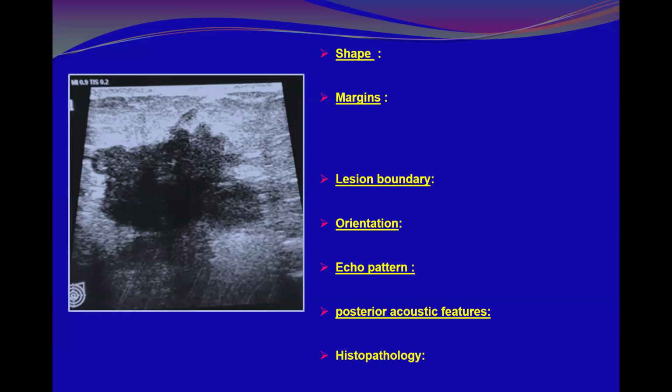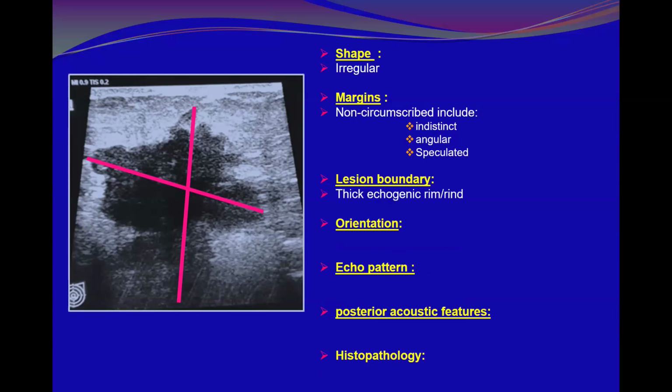When we talk about boundary, is there a thin pseudocapsule or rind, echogenic rind, or nothing is there? Okay, and orientation? Not parallel. Excellent. Now it is seen here. So shape irregular, margin combined, boundary thick echogenic, orientation not parallel, echo pattern.